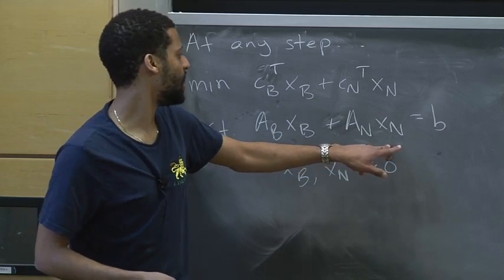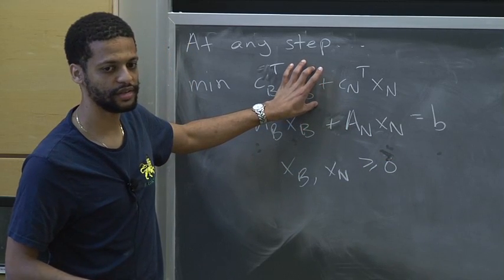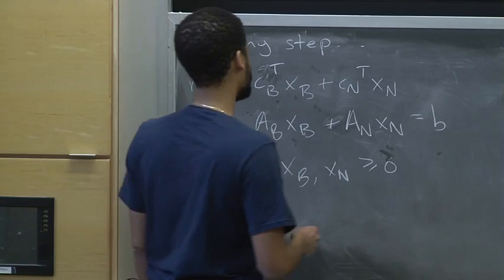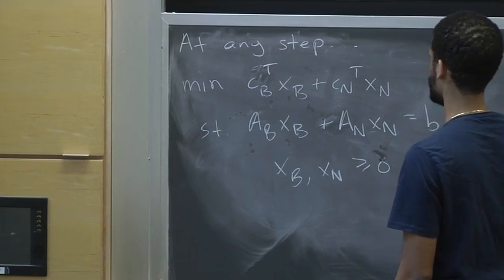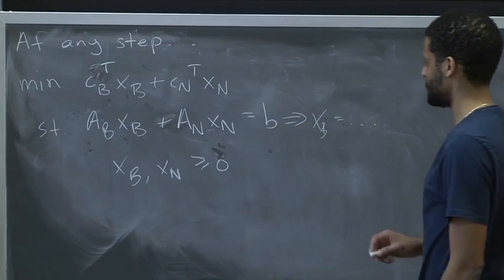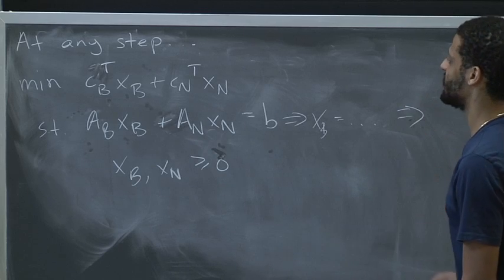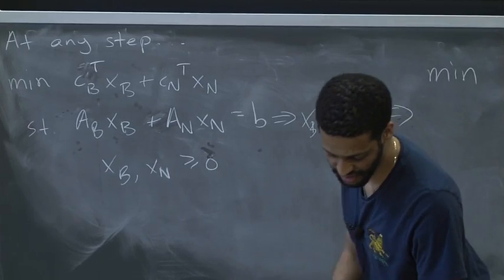And then we substituted x_B in this expression here, right? So this implies that x_B is equal to something, which implies that what we're really doing is minimizing some other cost function. Let me write it down again.